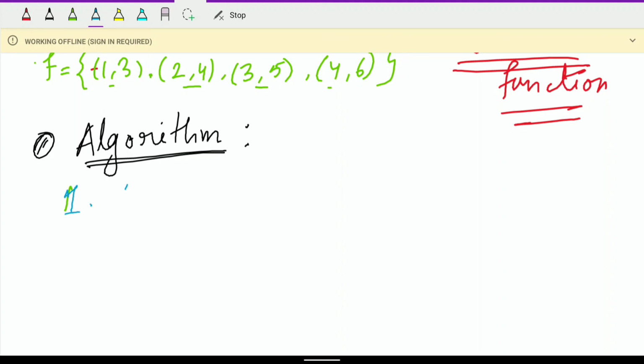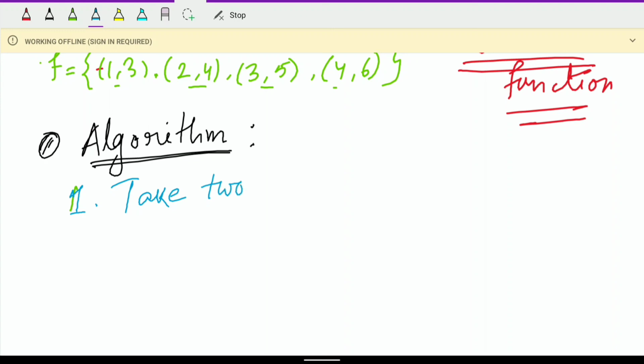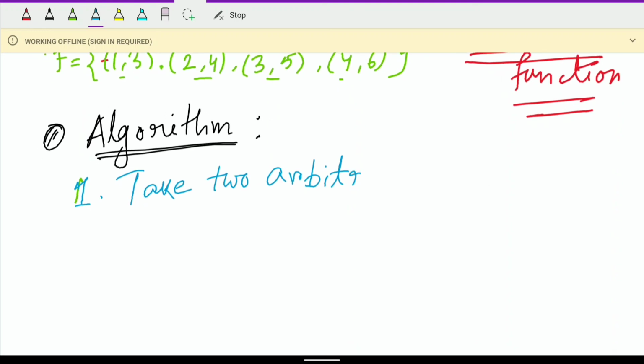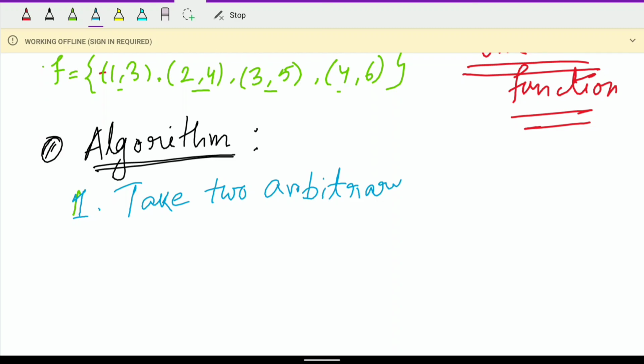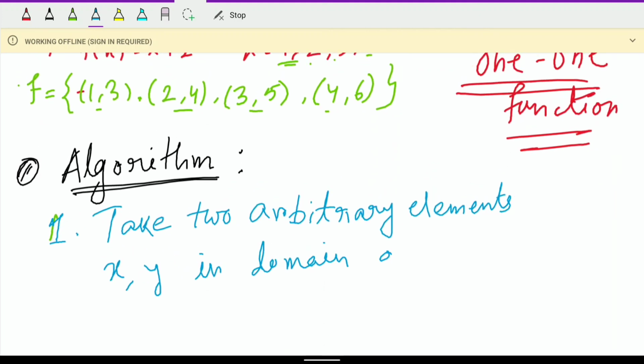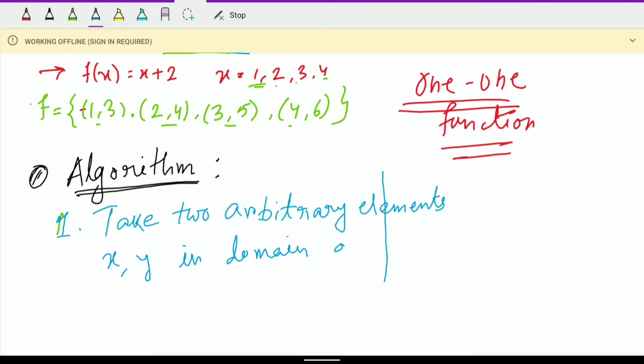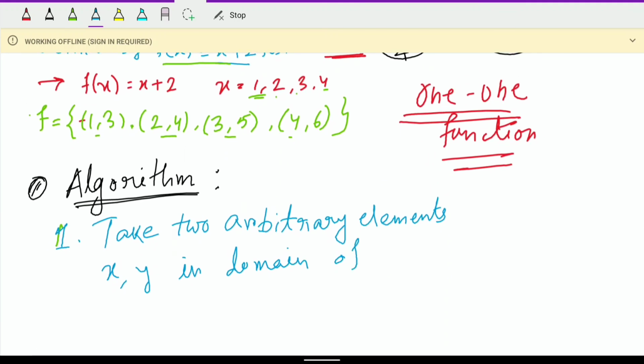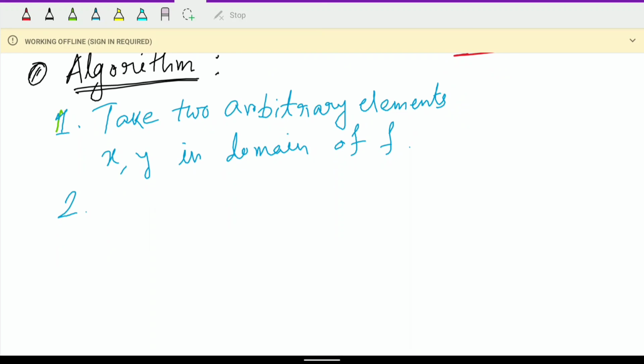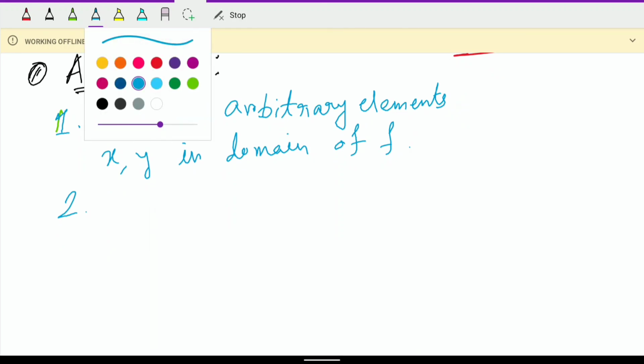So step 1 is take 2 arbitrary elements, say x comma y in the domain of f.